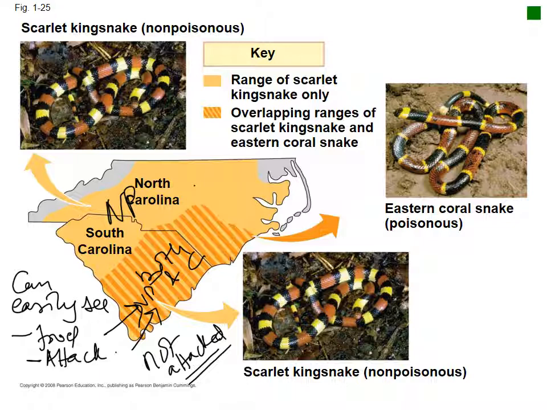There is a range where king and coral both are present. Non-poisonous and poisonous are present. So here what happens is, very importantly, here in this case you have predators which can see. First of all, it's a very striking looking snake, so they can easily see.